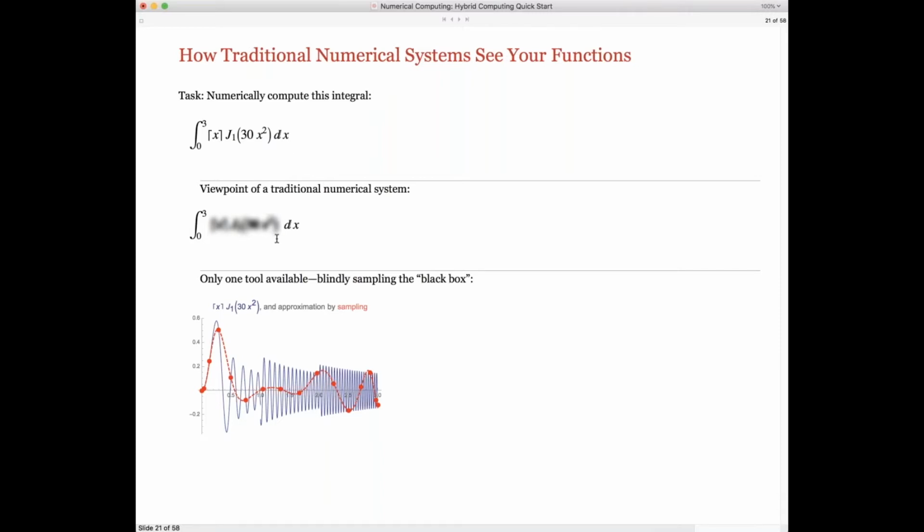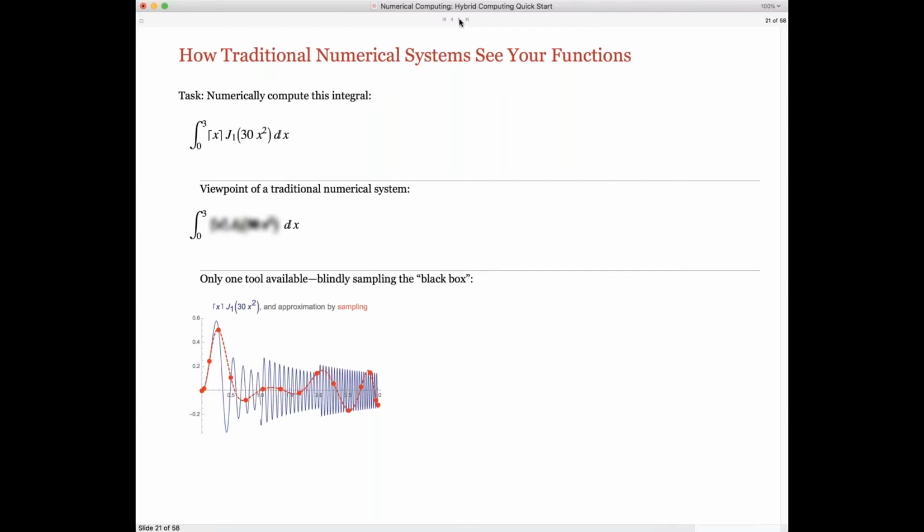In this way, the problem is that this blind numerical sampling often misses all of the interesting or important features of the problem. You can see that for this integrand, blindly sampling the function hardly gives you any useful information at all about the overall shape or behavior of this function or its integral.